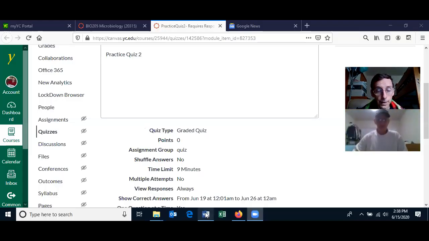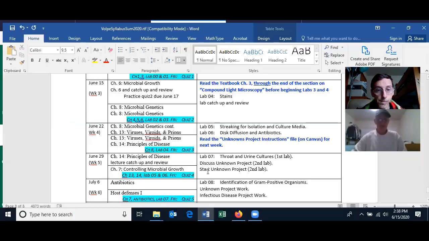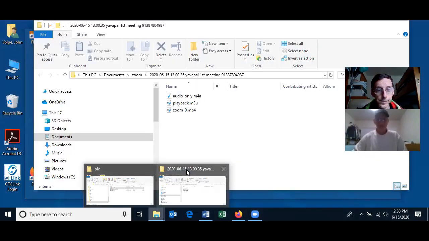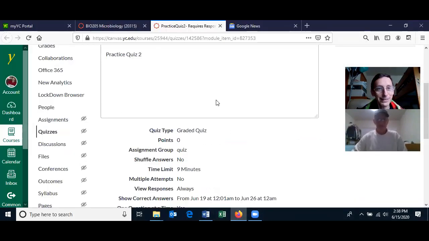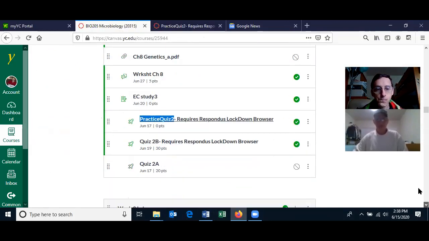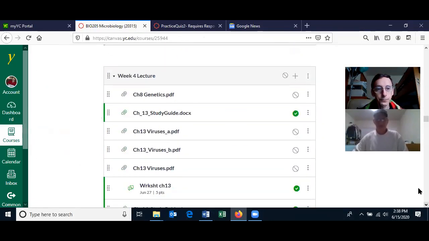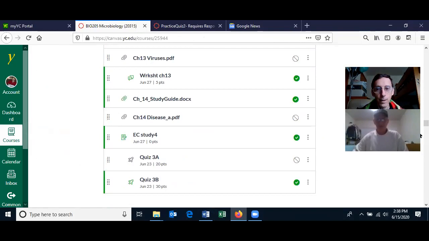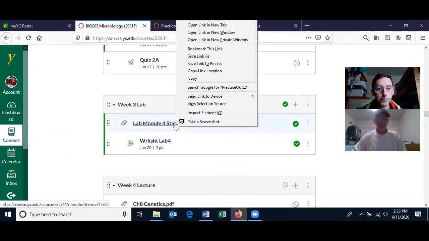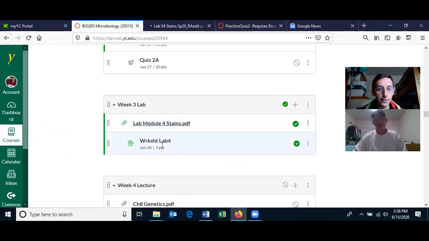So let's go over Lab 4. When you're doing Lab 4, please note that there's a worksheet for Lab 4, and do your worksheet from this link.